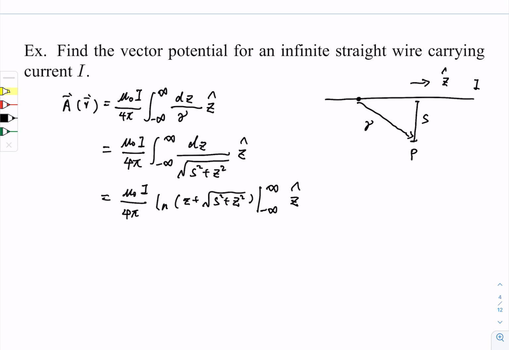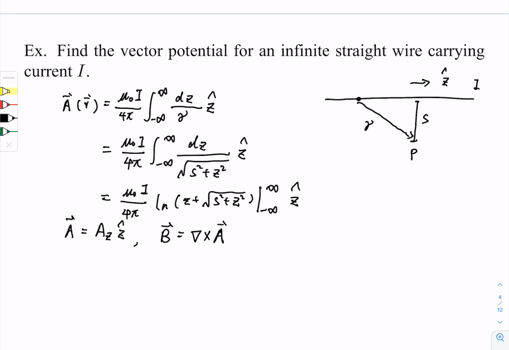From here we know that the vector potential must be along the z direction, and we also know that the vector potential must be able to be written in the del cross A form.